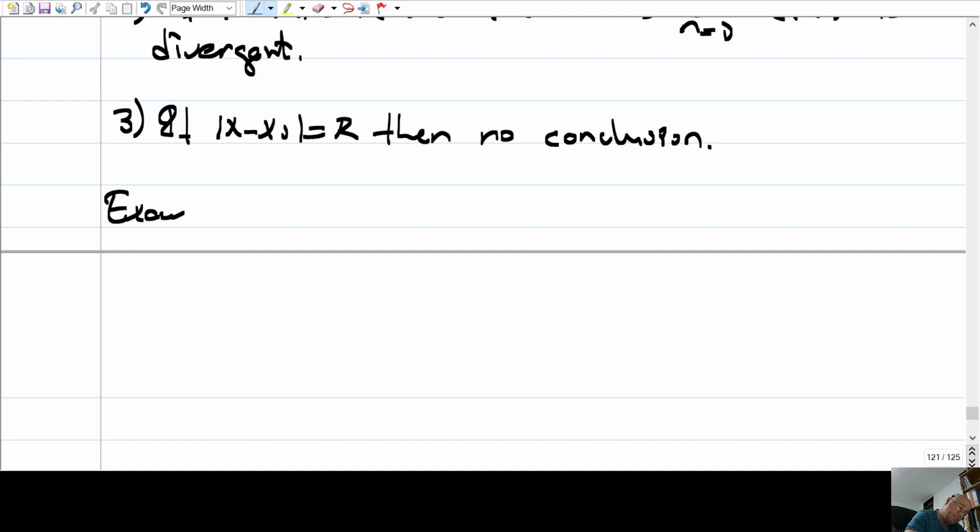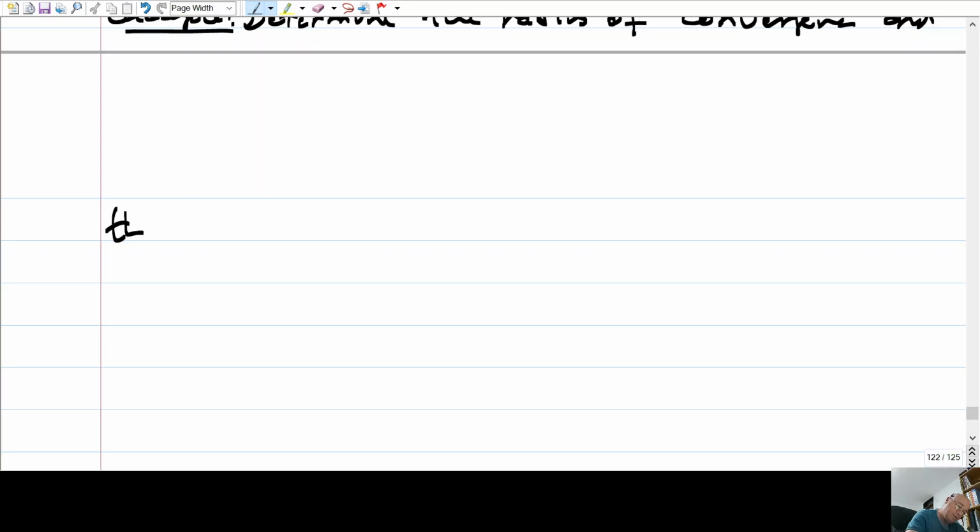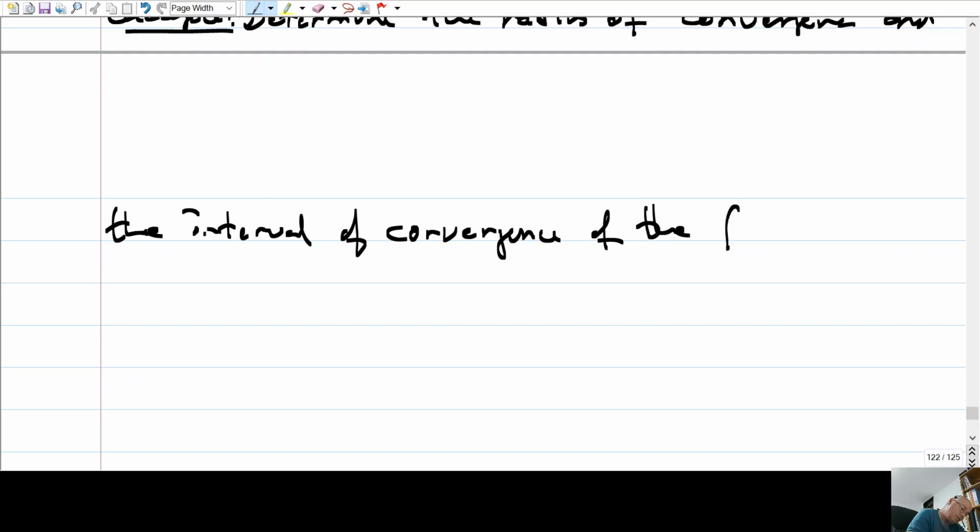Okay. Determine the radius of convergence and the interval of convergence of the following series. Okay, what are these?